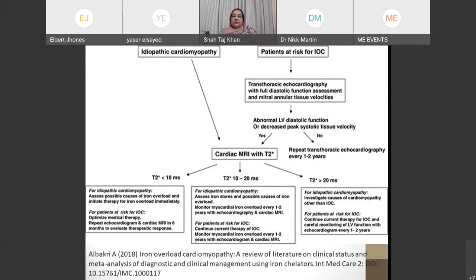If abnormal left ventricular diastolic function or decreased peak systolic tissue velocity is present, even if it is present in idiopathic cardiomyopathy, we go for T2 star MRI. We divide the results into three portions: T2 star MRI less than 10 milliseconds, 10 to 20, and more than 20 milliseconds.